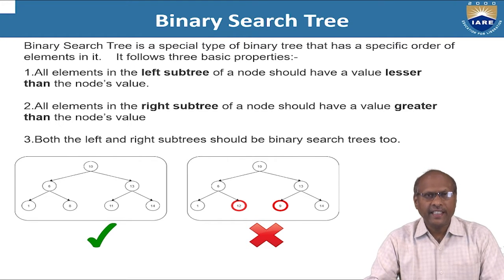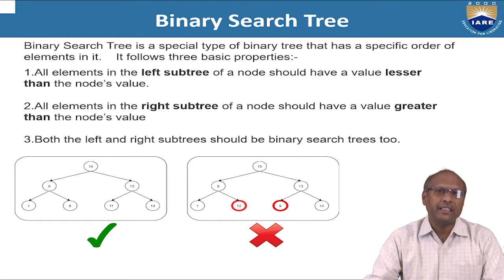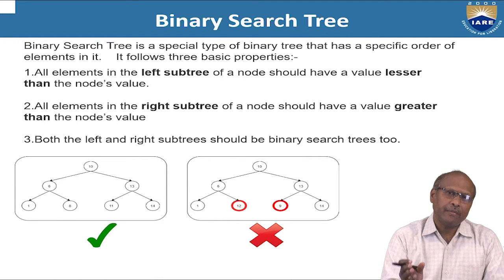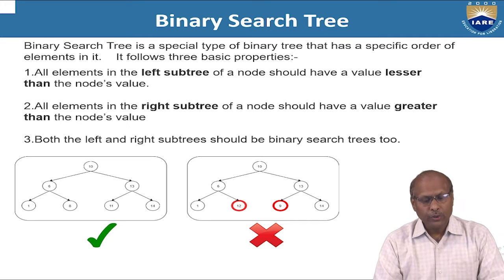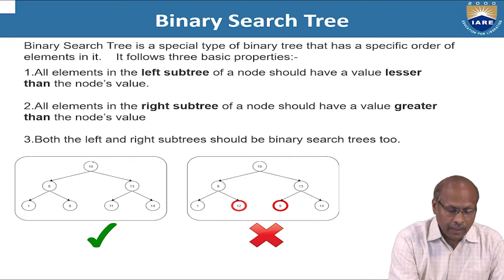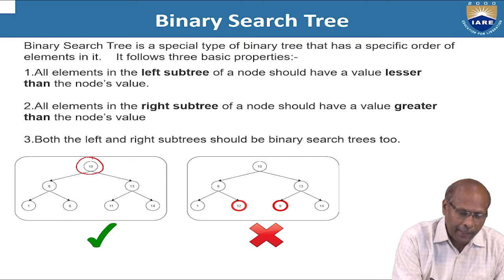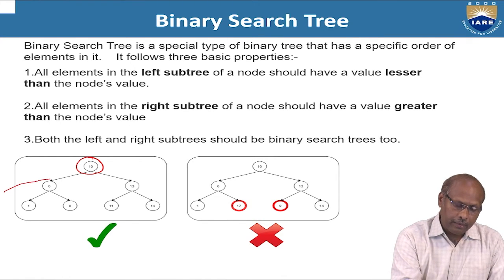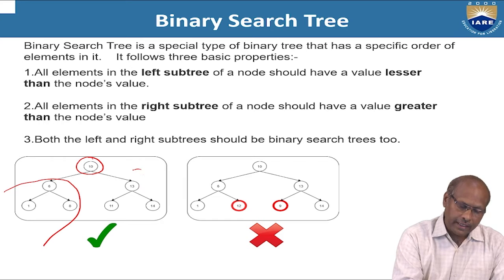So in a binary search tree, the left subtree is always smaller than the parent node and the right subtree is always greater than the parent node. Now please observe here, 10 is my parent node. On 10, there are 2 subtrees. One is the left subtree, another is the right subtree.